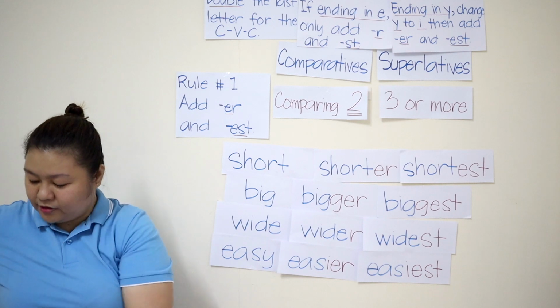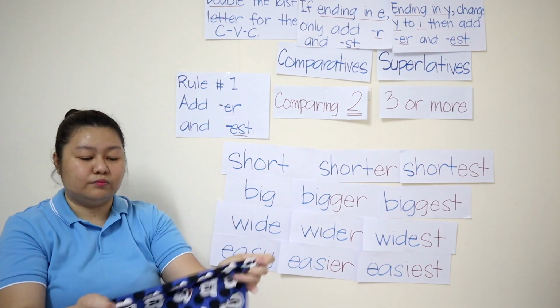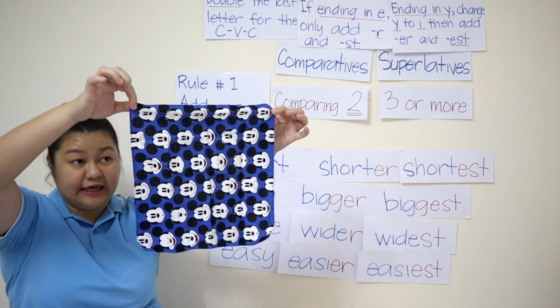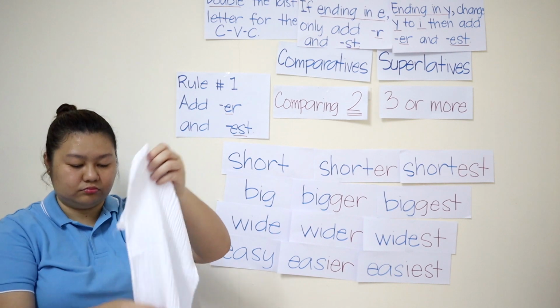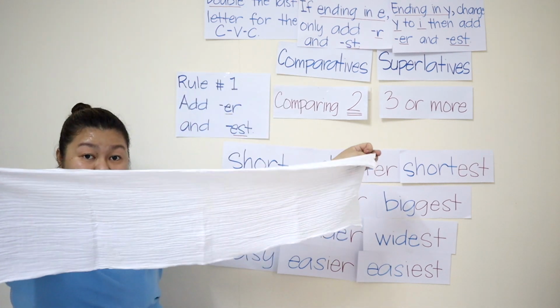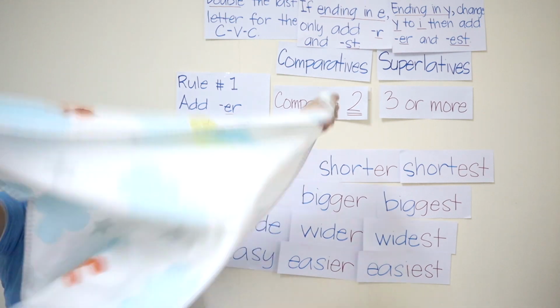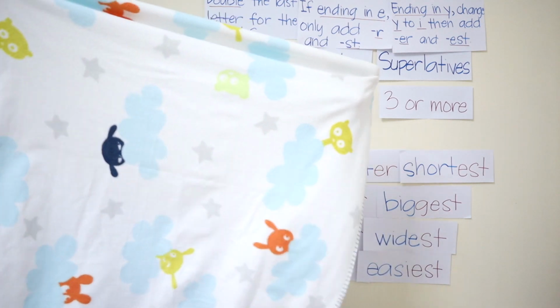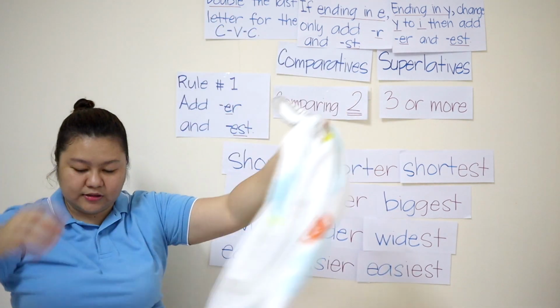Another example. We'll have wide. See? Wide. Wider. And then for the last, widest. See, it's very wide. So we have widest.